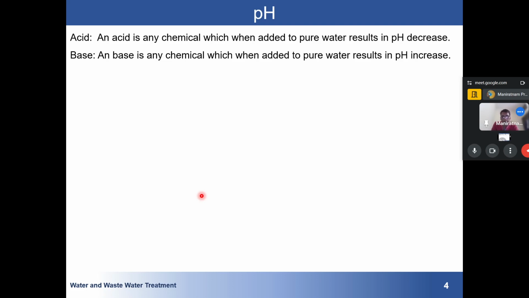Or the pH is very low. These are very important things one should know: how the pH of the system controls the different species present in the system.